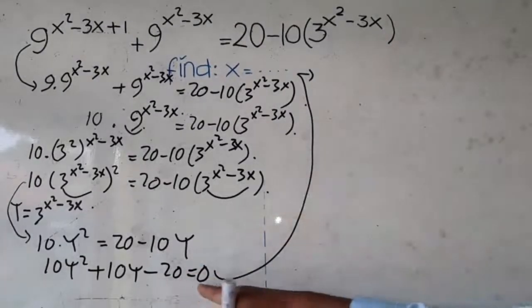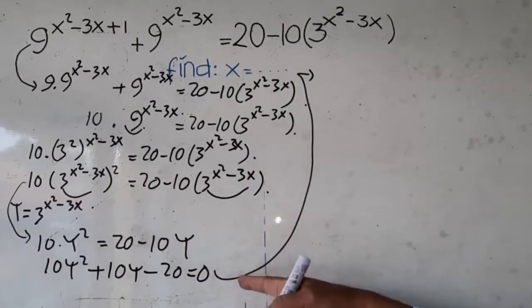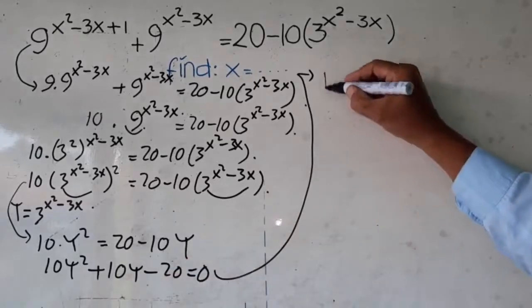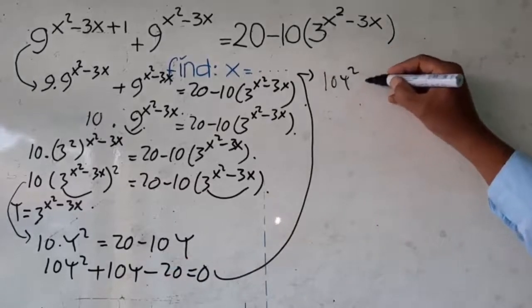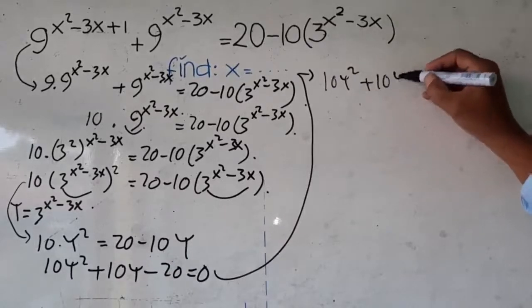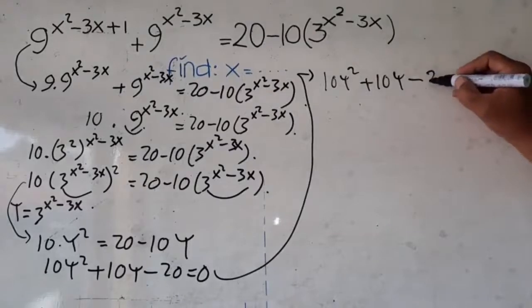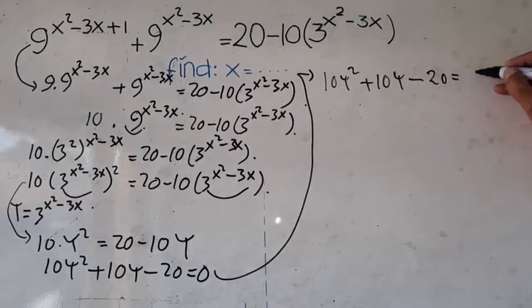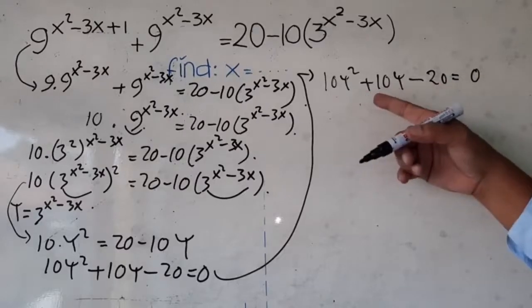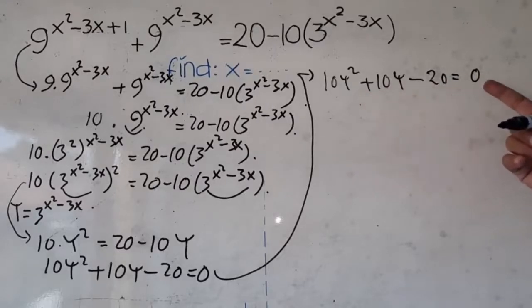And this all over 10: y square plus 10y minus 20 equal 0, all over 10.